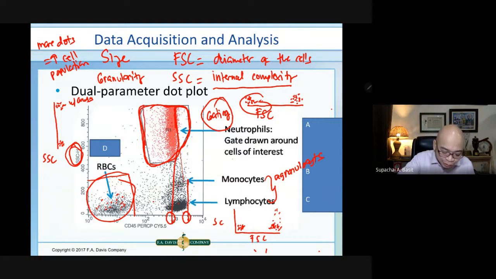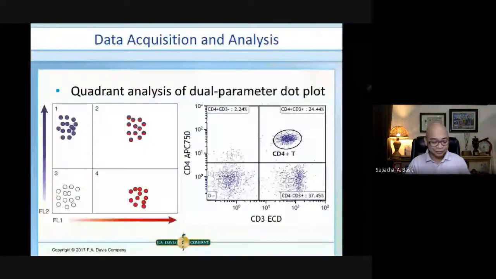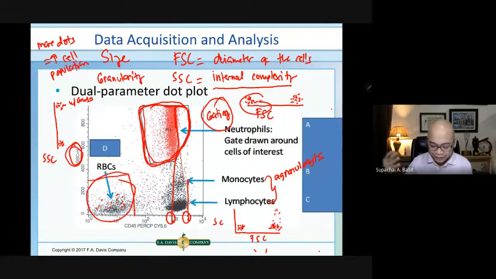So you draw the line here to study the neutrophil more. Okay, to a more detailed study of the neutrophil. Okay, now after you have gated, you can actually study the cell at a much detailed parameter.